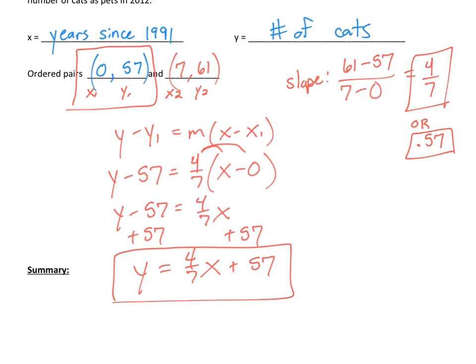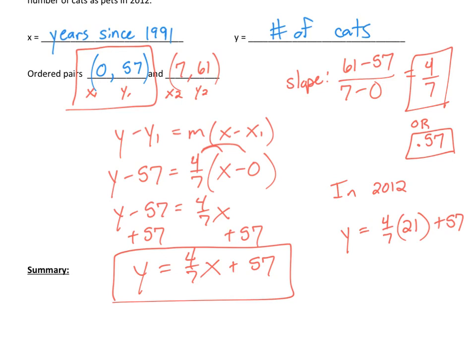And then if you want to find out how many cats you had in the year 2012, that would be 21 years after 1991. So you do y equals 4/7 times 21 years plus 57.